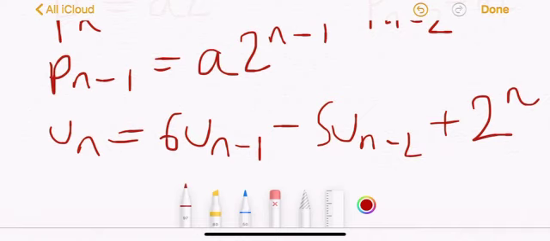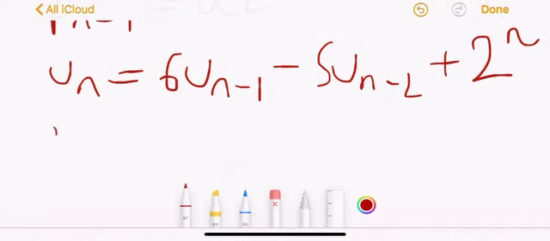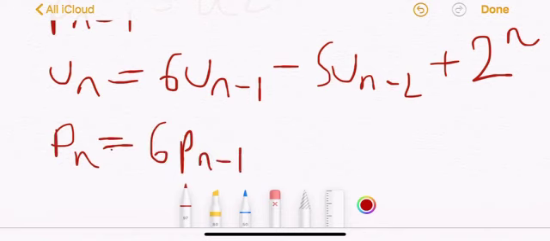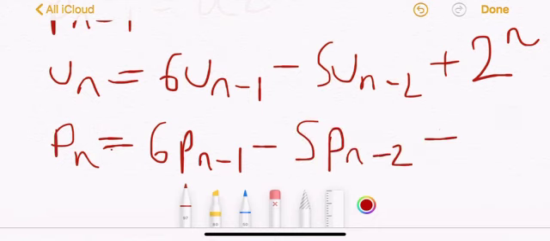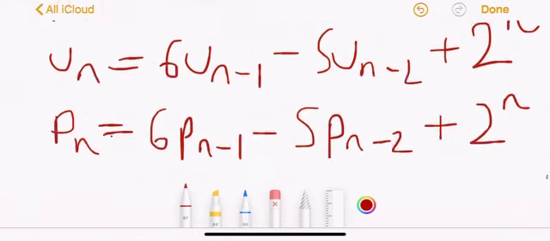Okay, well, let's put those in. So we have p_n equals 6 lots of p_(n-1) minus 5 lots of p_(n-2) plus 2 to the n. Well, what was p_n? That was a 2 to the n.